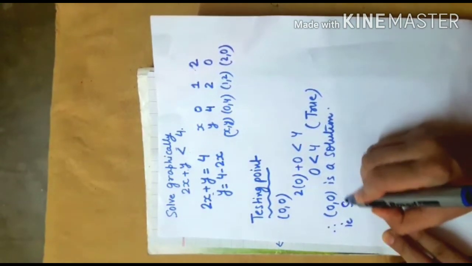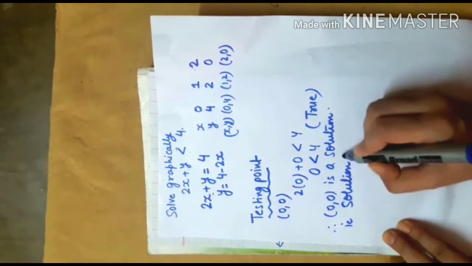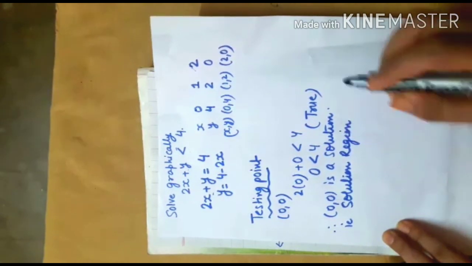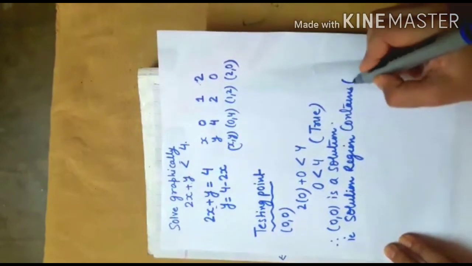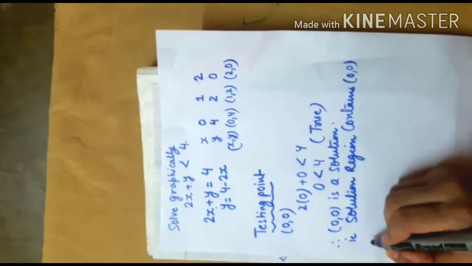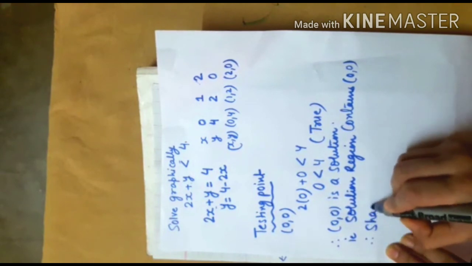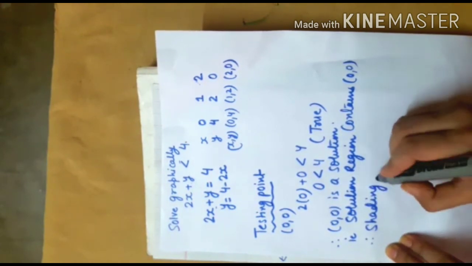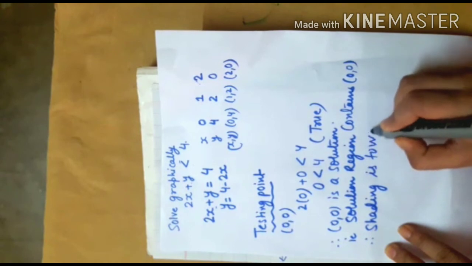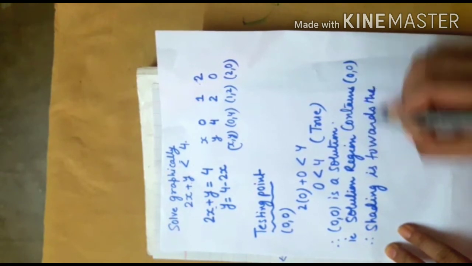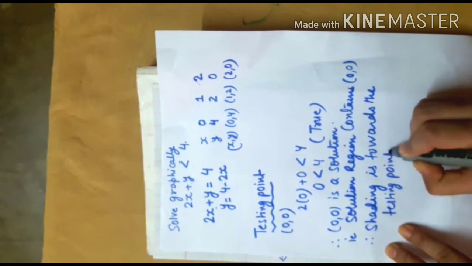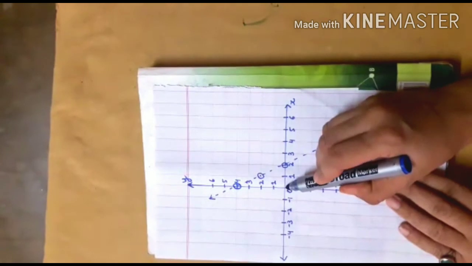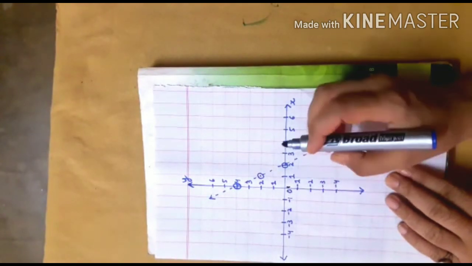That is, the solution region contains the point 0, 0. Therefore, shading is towards the testing point. So, 0, 0 is a solution of the given inequality.